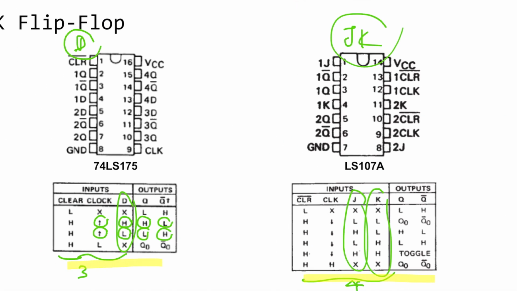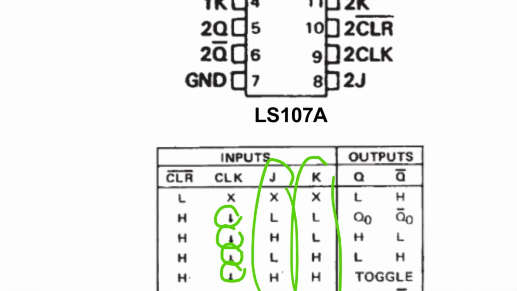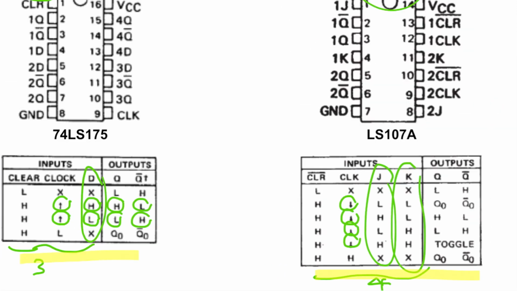While for the JK flip-flop, during the rising edge or the falling edge, when J and K are both low, they will stay at the previous states, or no change.